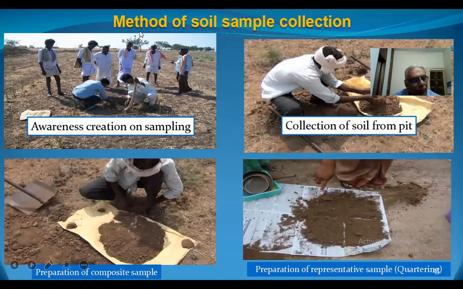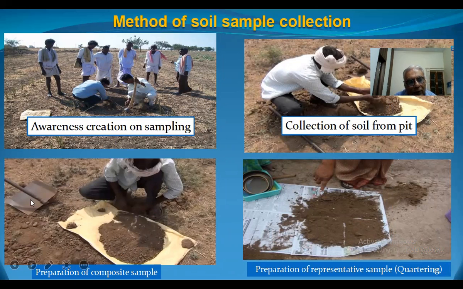Before carrying out the soil analysis, we have to take a proper soil sample. Farmers have to take a representative soil sample, so awareness creation on sampling is needed, on how to take the soil sample. Collect soil samples from pits, then prepare a composite sample.